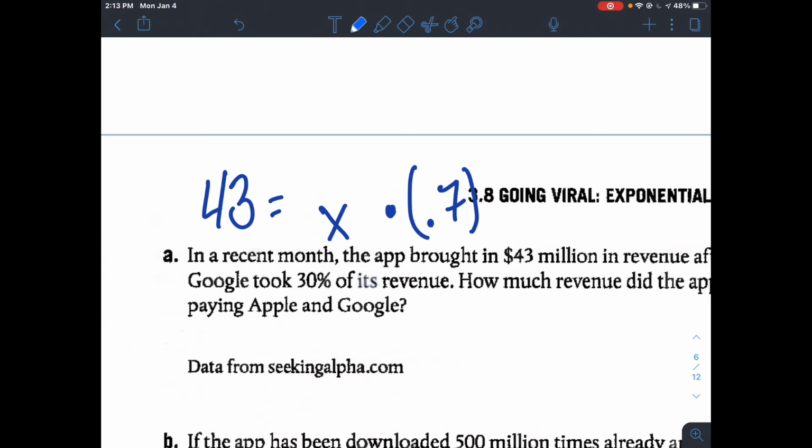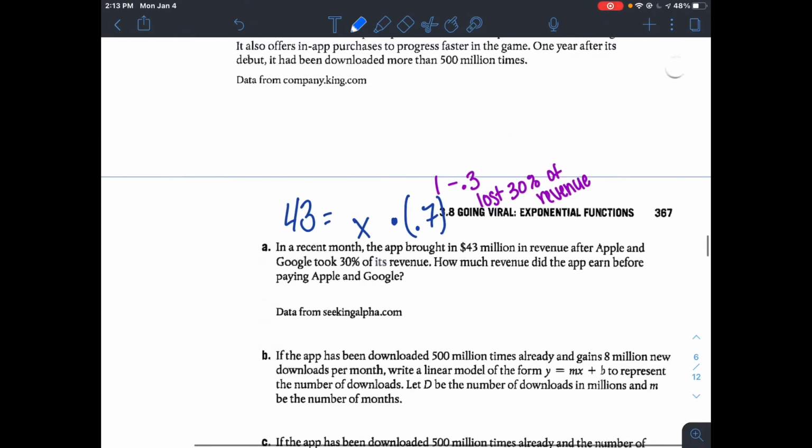And then this 0.7 is 1 minus 0.3, which means that they lost 30% of their revenue because they had to pay Apple and Google. So then I'm just basically solving for x here, meaning that Candy Crush in 1 month made $61.4 million.